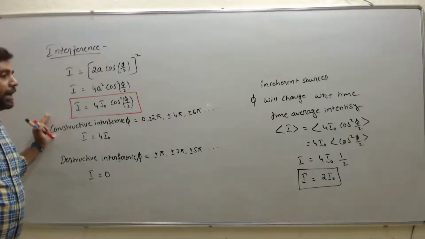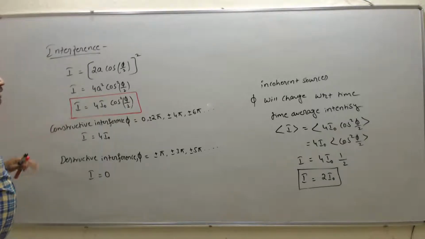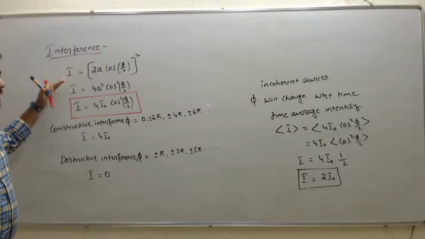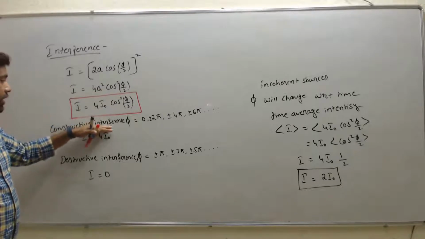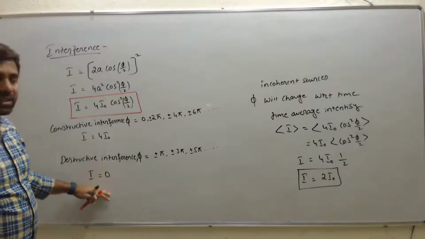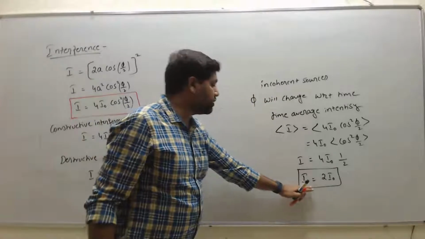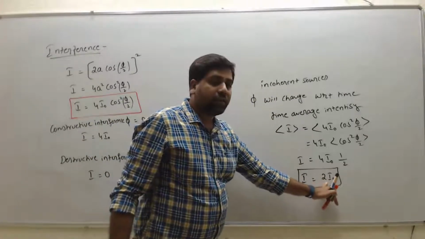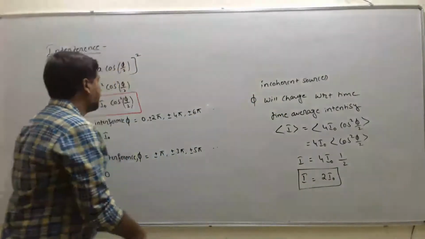So this is the theory of interference. In coherent sources we have constructive and destructive interference, that is the intensity changes, but in incoherent sources the intensity remains constant. Anywhere we find the intensity, it will be 2 I naught.